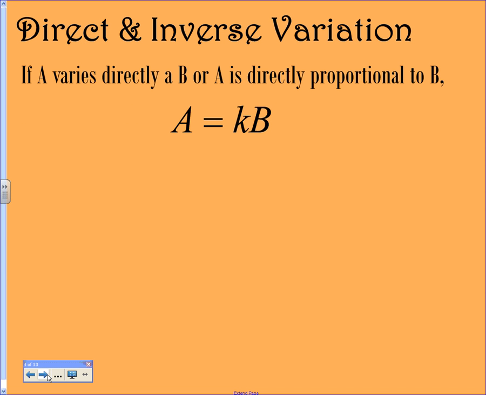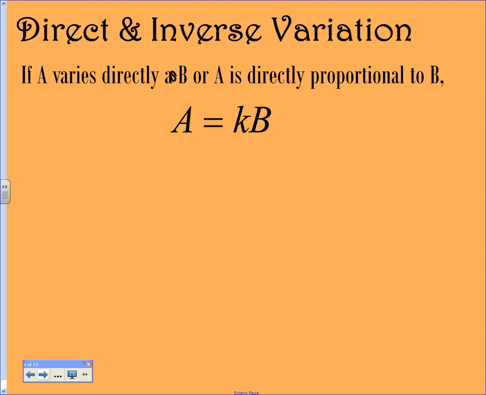All right, so if A varies directly as B, or if A is directly proportional, those mean the same thing. This is the equation that you would make.